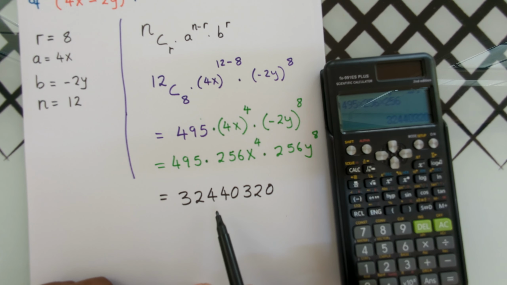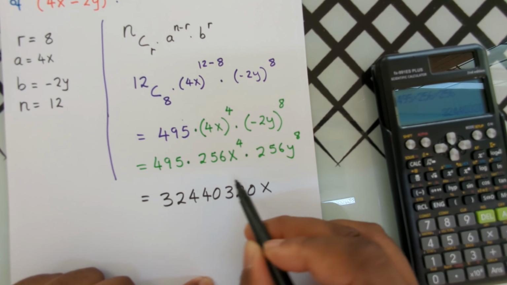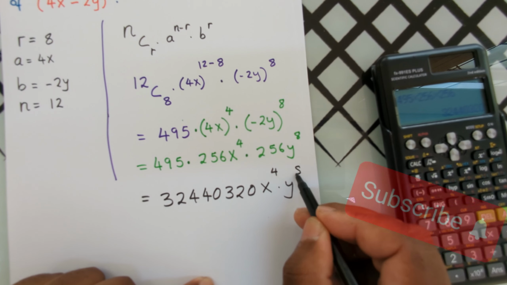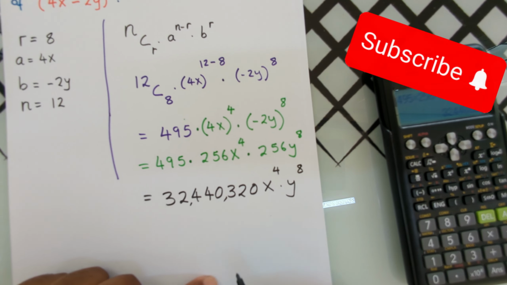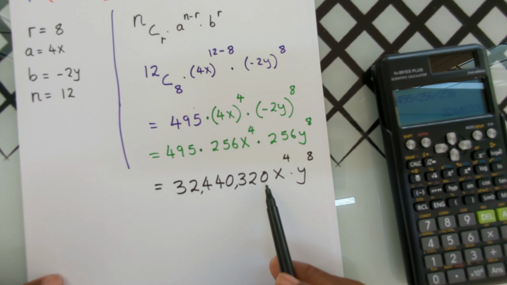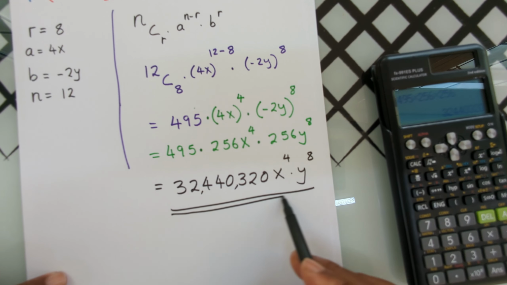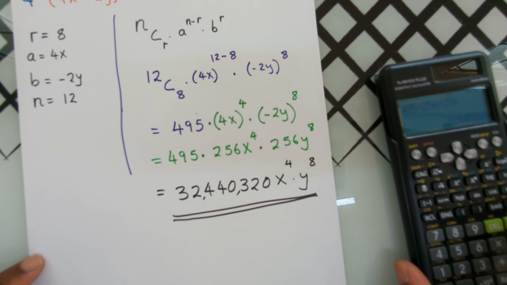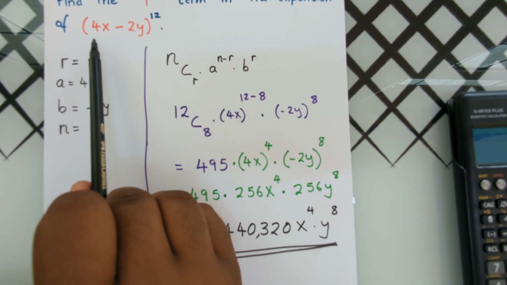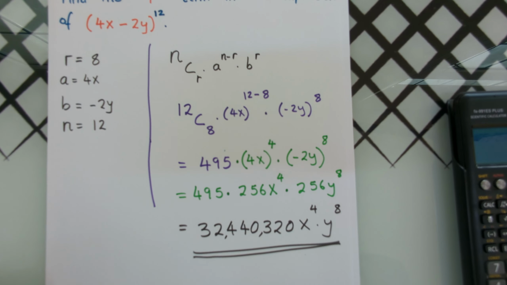So 32,440,320 multiplied by x to the power 4 and multiplied by y to the power of 8. So 32,440,320 x to the power 4 and y to the power of 8 becomes the ninth term in the expansion of 4x minus 2y to the power of 12. That's it for example number 5.